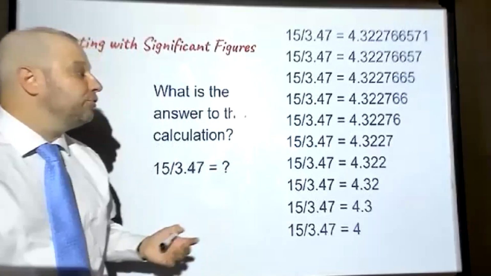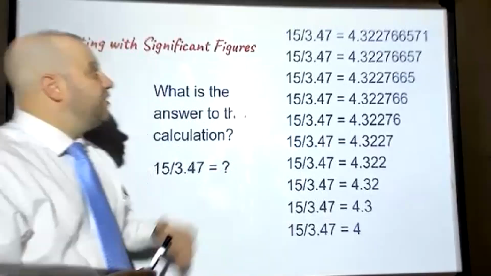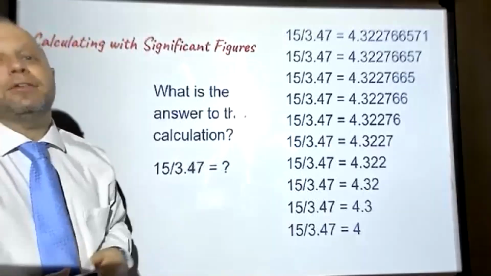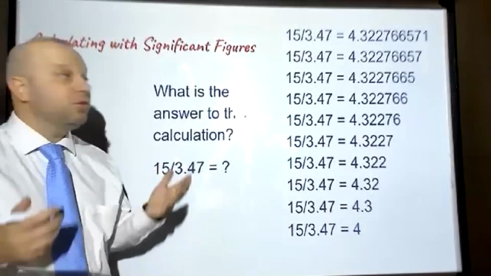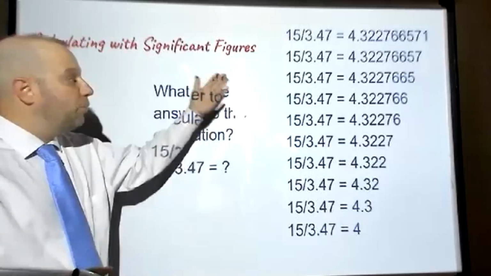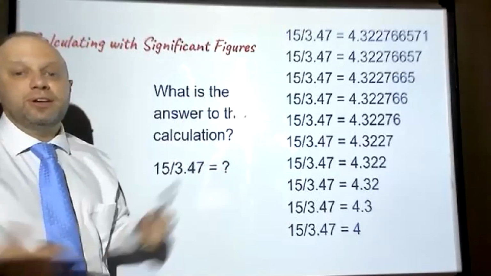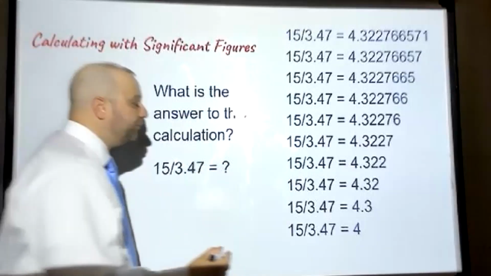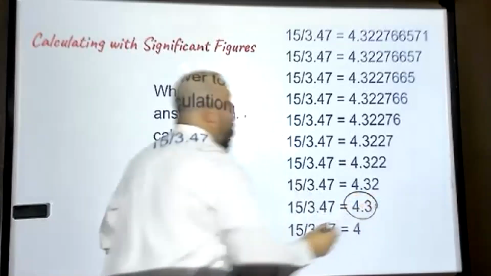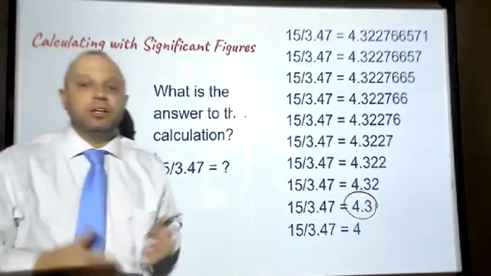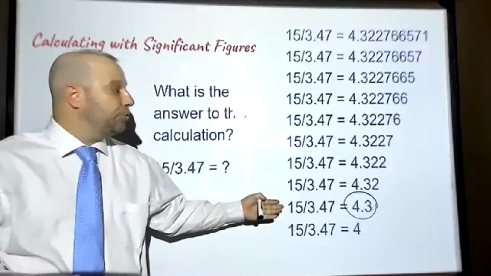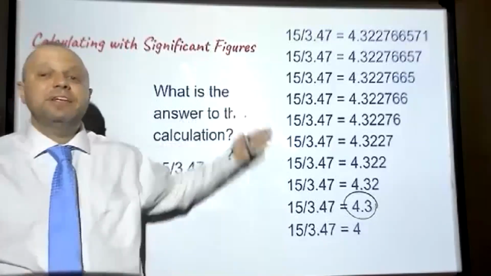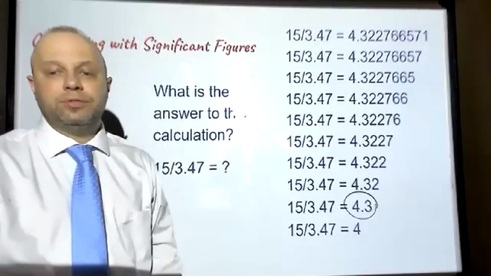These are all of the different possible answers for what we could write down when we get something like this in our calculator. I'll tell you, the actual answer is this one right here. And what we're going to learn next is how to figure that out. How do I know that 4.3 is the answer, not any of these other possible combinations?